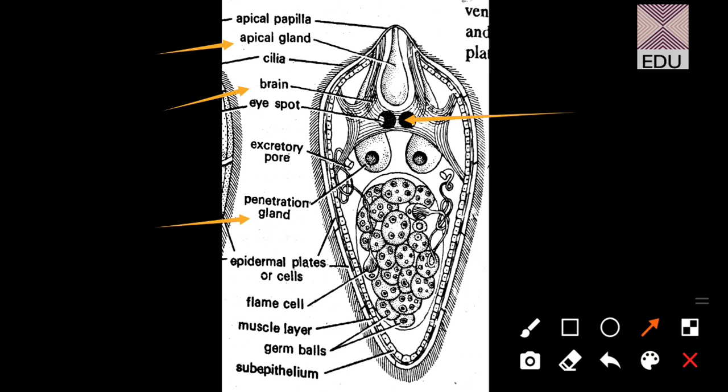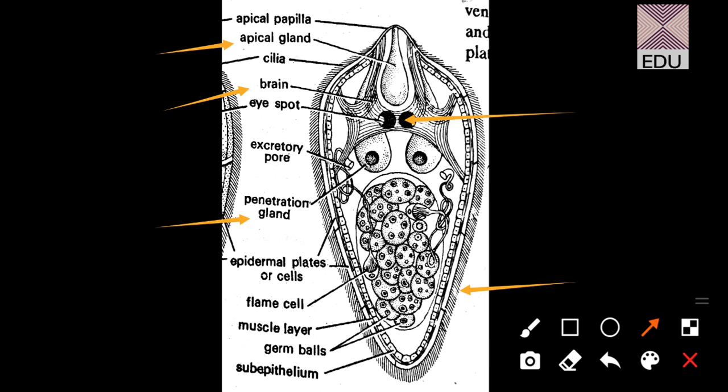The next important thing is the presence of the cilia. These are present all over the body of this larval form, and they help in the swimming of this miracidium. So students, these are the major important things in this larval form. This is the very first form, called the miracidium larva.